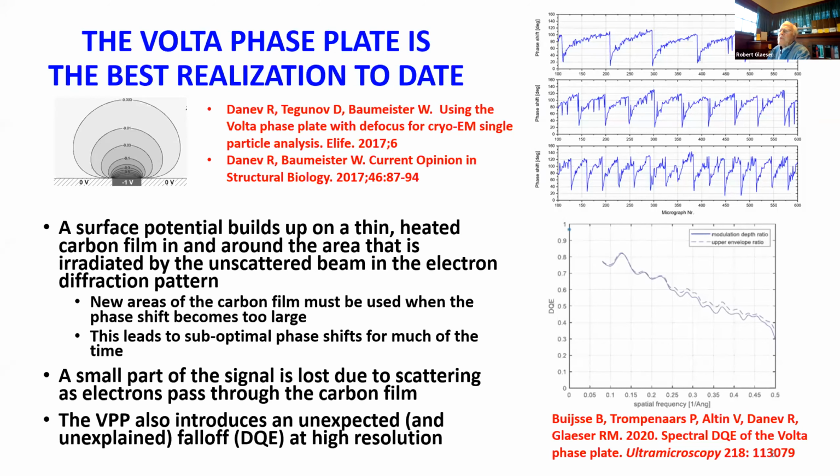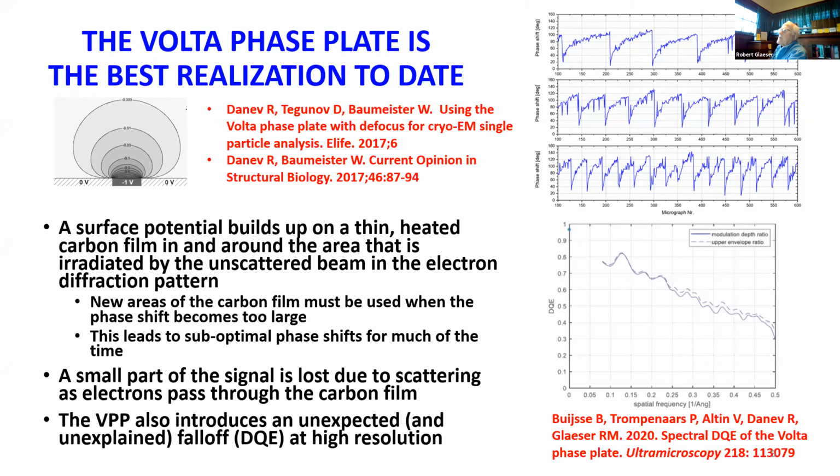And this surface potential builds up with time the longer that spot on the carbon film is irradiated. As a result, the phase shift, the desired Zernike type phase shift in the upper panel, increases with time as exposures go on, or as you record more and more images. The amount of phase shift gradually ramps up. So at first it's quite a small amount.